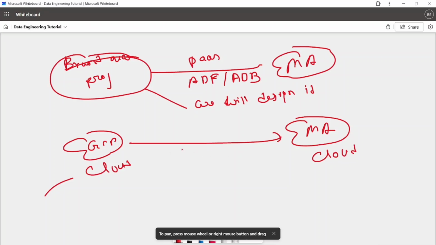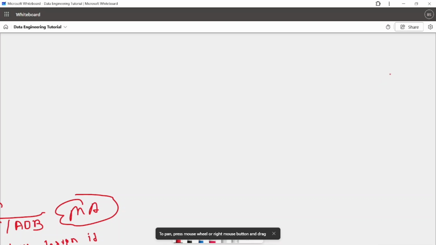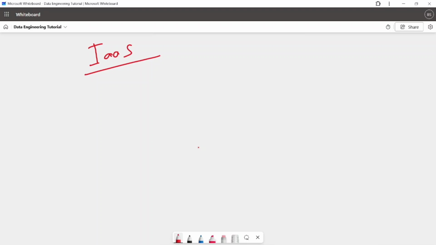And the last one we discuss is what is IaaS service. The last service is IaaS, infrastructure as a service.